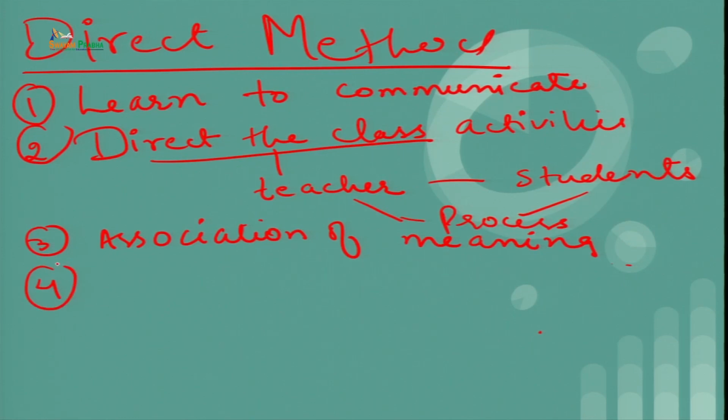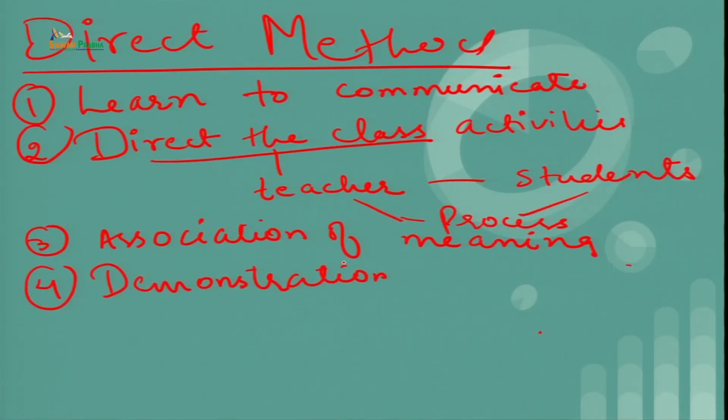So explanation is not something which is encouraged here, rather demonstration is largely emphasized. You first demonstrate and then develop an understanding of what the idea or concept is. So I am writing over here: demonstration is something that takes place.